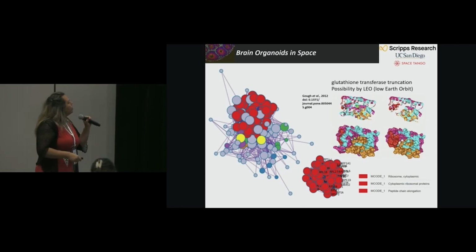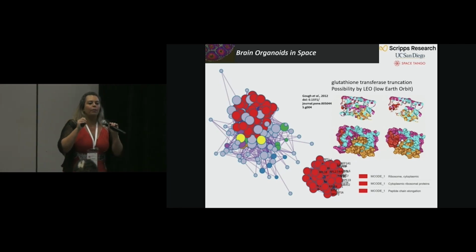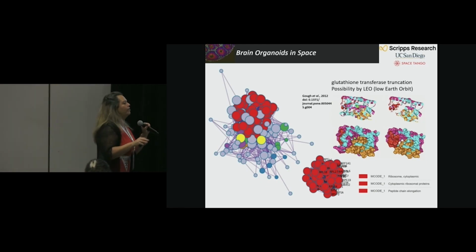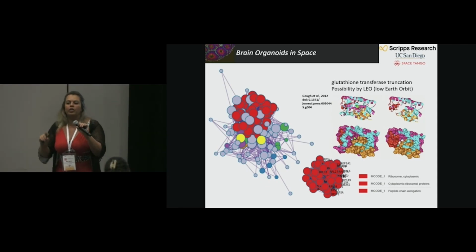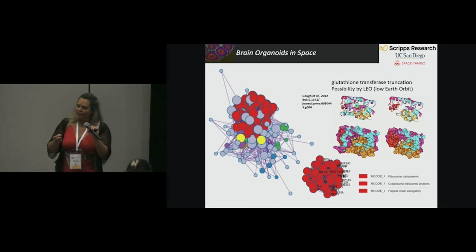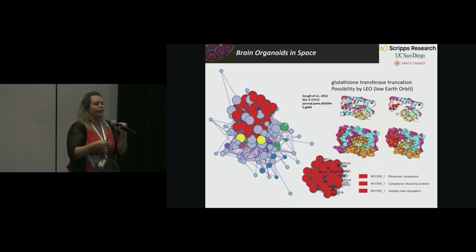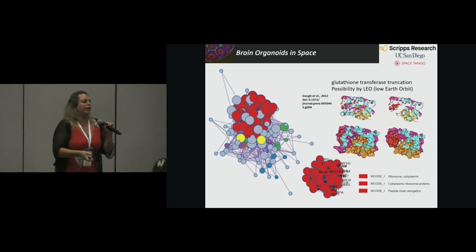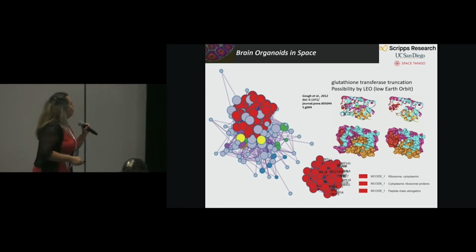And in 2012, Gog related some dysfunction. He also had some work with microgravity, and he found out that some of the proteins sent up in space were truncated. So we are trying to see if this is also happening with our proteins, because we see a lot of replication when comparing these two models.